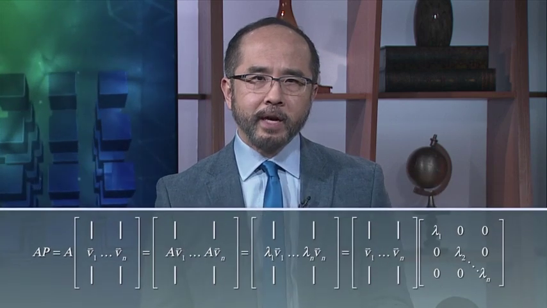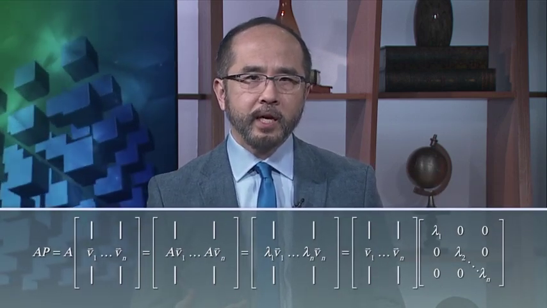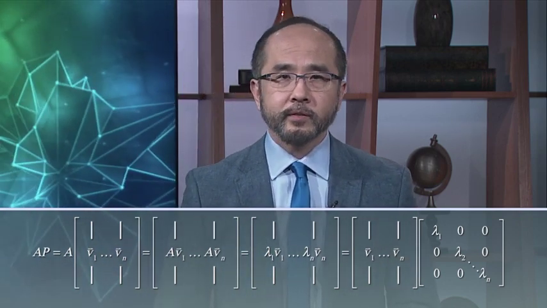But that can be verified to just be the matrix P times the diagonal matrix D. So indeed, AP does equal PD. Now, if you multiply both sides on the left by P inverse, you get P inverse times A times P equals D. So having a full basis of eigenvectors means that you have this property. P inverse AP equals D.